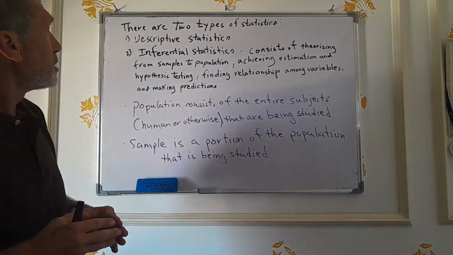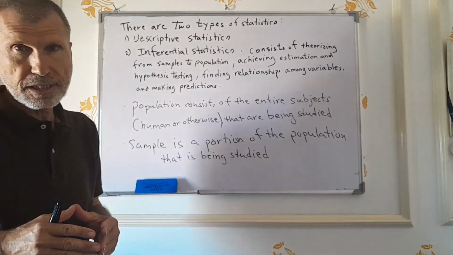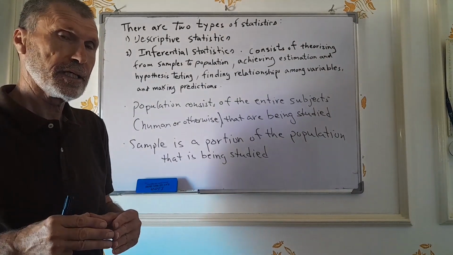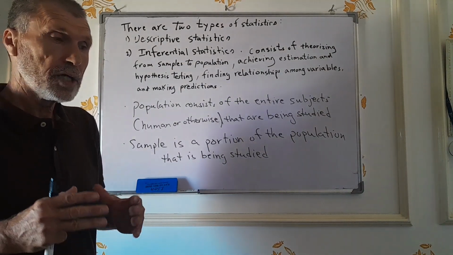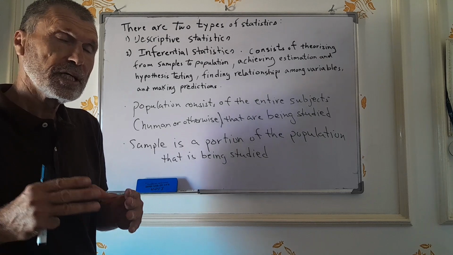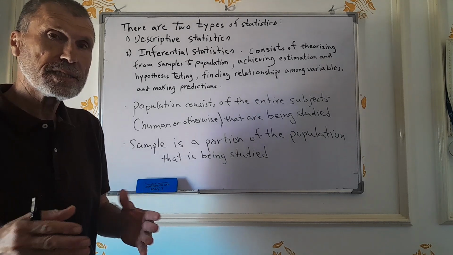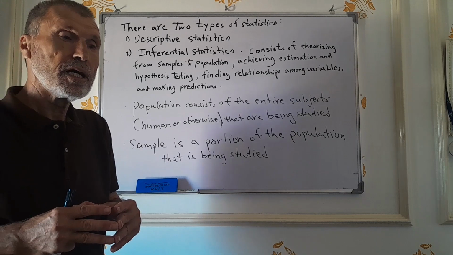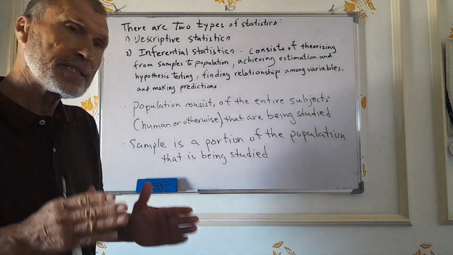Yes, we said that we have two types of statistics. We have already discussed descriptive statistics, and we said that descriptive statistics is concerned with summarizing data based upon past events.